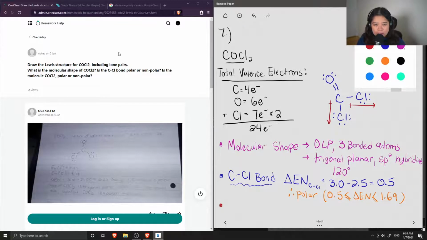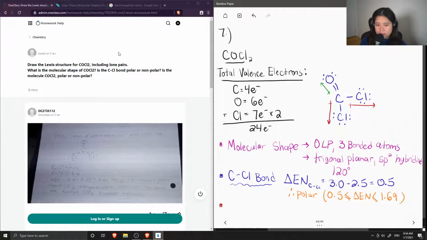And oxygen is also electronegative as well, and it will have a dipole moment of its own, but it probably won't be of equal strength to the 2 chlorine atoms. So they all have different dipole moments and they don't cancel each other out. So the molecule as a whole is polar as well.